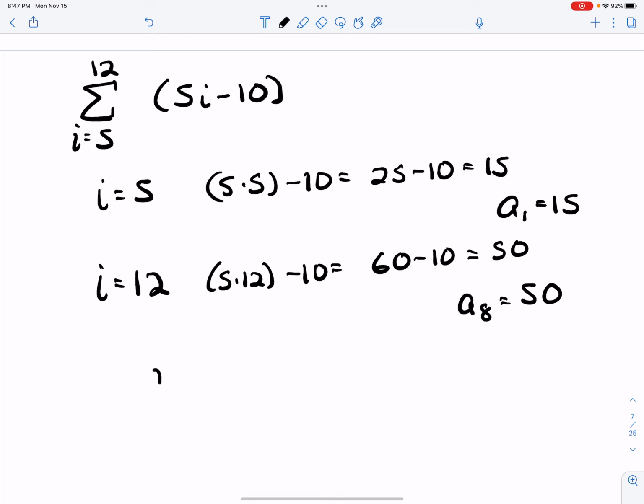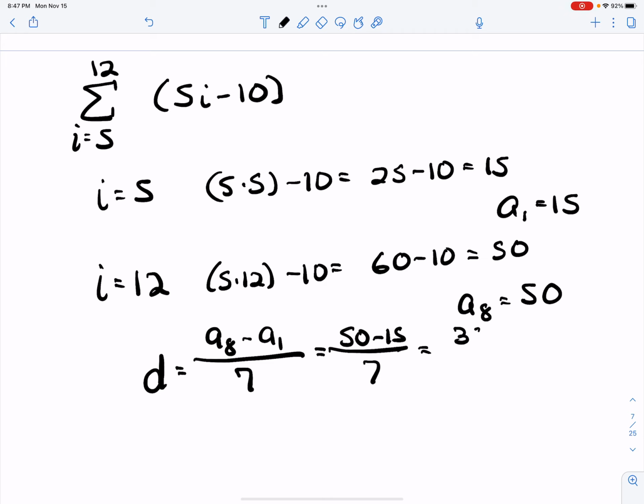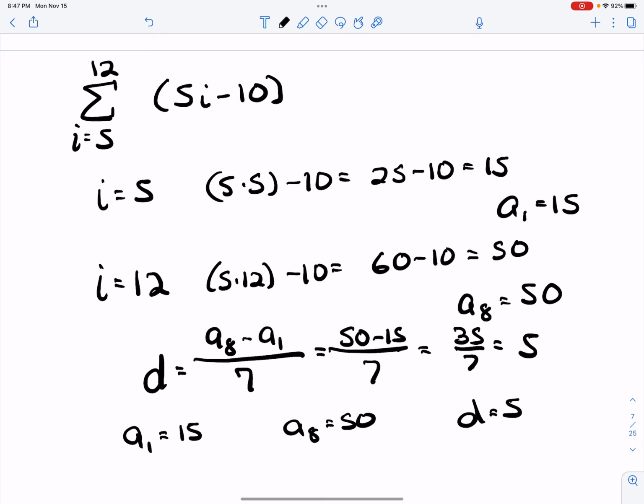So to find your common difference, you can subtract a sub 1 from a sub 8 and divide by 7. So 50 minus 15 over 7. So 35 over 7 is 5. So we now have a sub 1 is 15, a sub 8 is 50, common difference is 5.